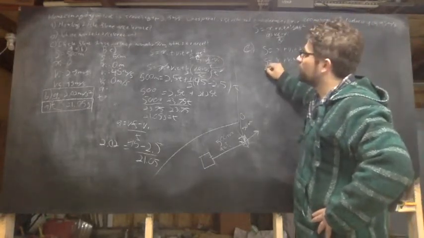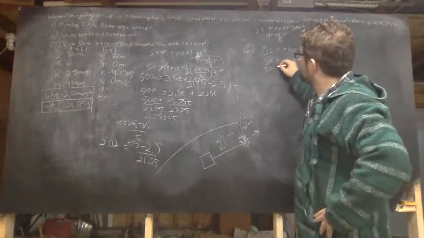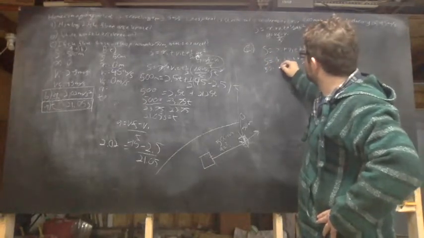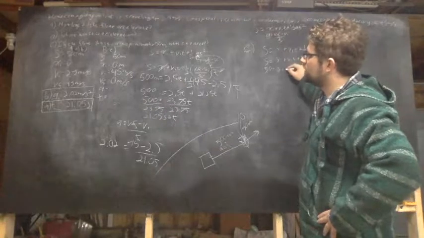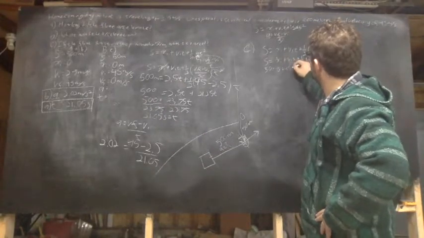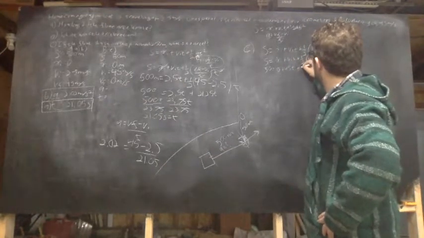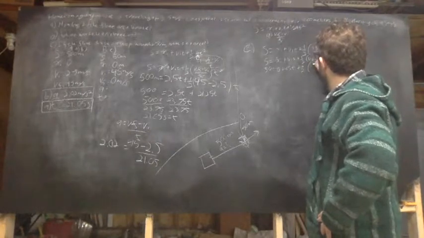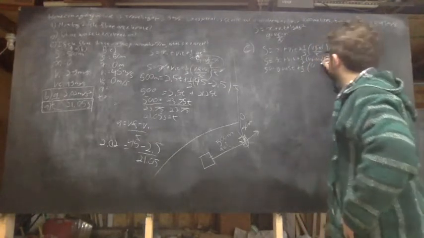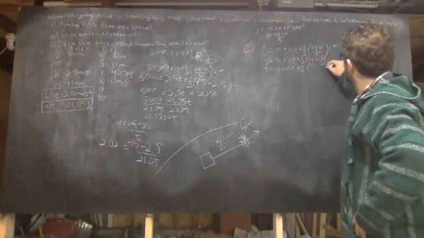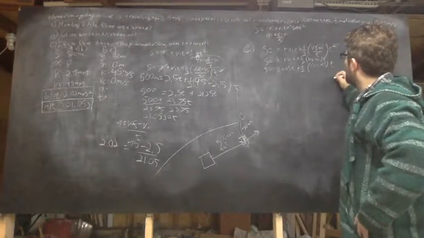My s is going to be 50 equals xi is going to be 0 plus vit, 45t, plus 1/2 velocity final is 0, my velocity initial is 45, t. All right.